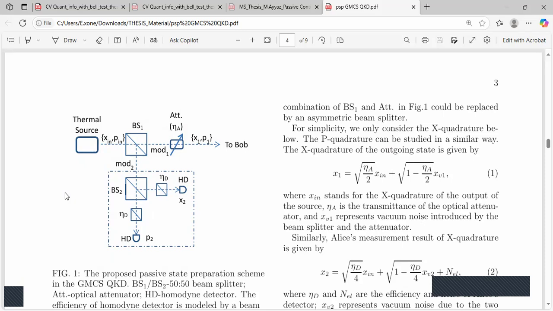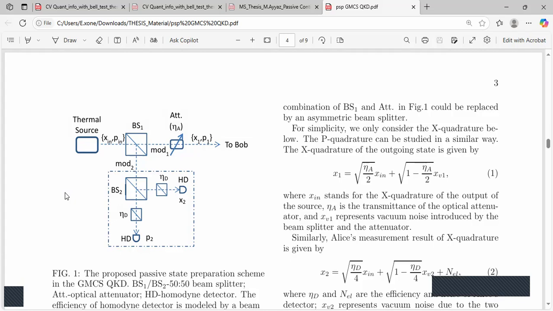So the authors in this paper are saying that rather than using Gaussian modulated coherent states, why not use the thermal state as a whole as the quantum state to distribute the key between Alice and Bob.